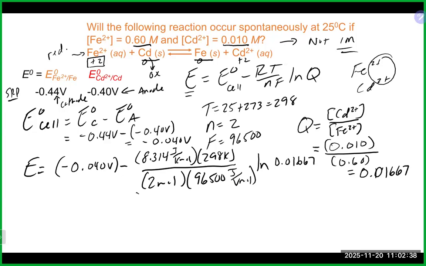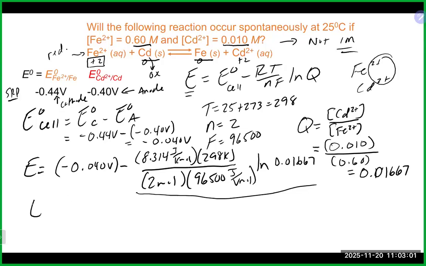I'm just going to clean up this part of it. I'm going to take the natural log of the 0.01667, then multiply it by 8.314, multiply it by 298, which is up on top, and divide it by 2 and divide it by 96,500.